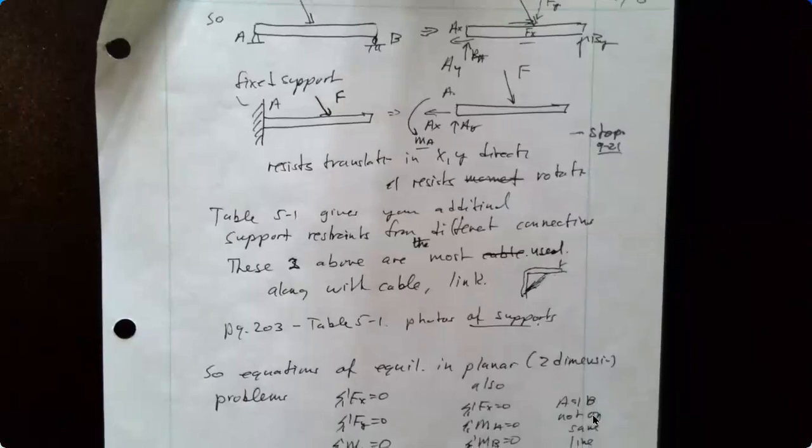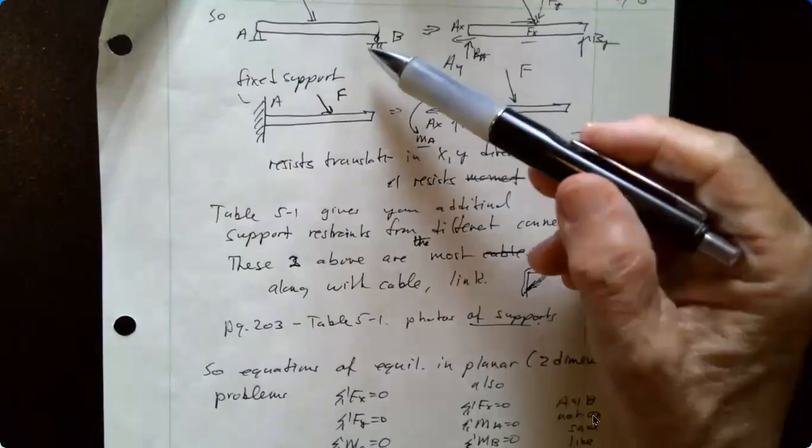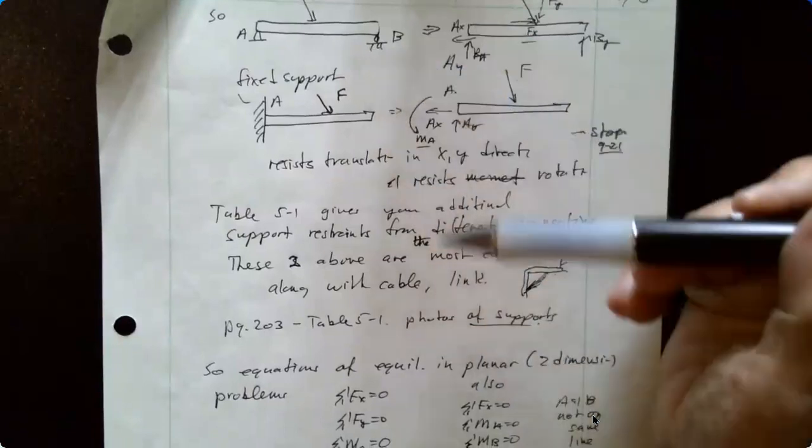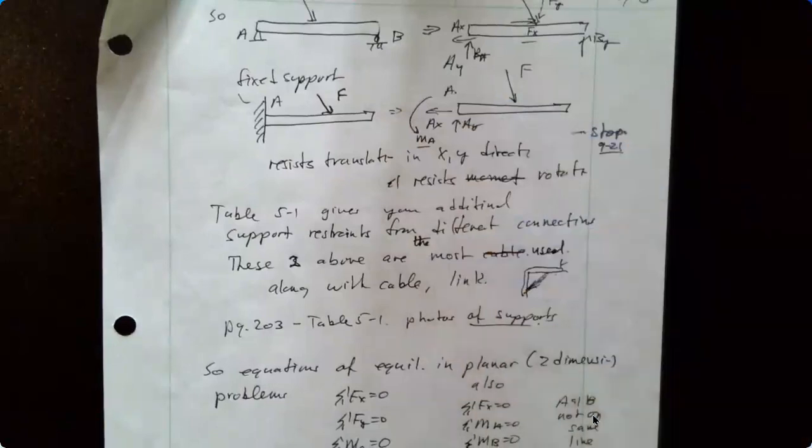Okay, so simple supports, a pin and a roller, fixed support. We'll see cables and links. I don't know that there may be something else, and we'll figure out what the support looks like, but those are typical of what we use.